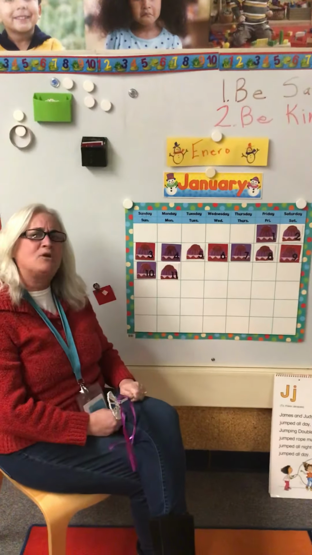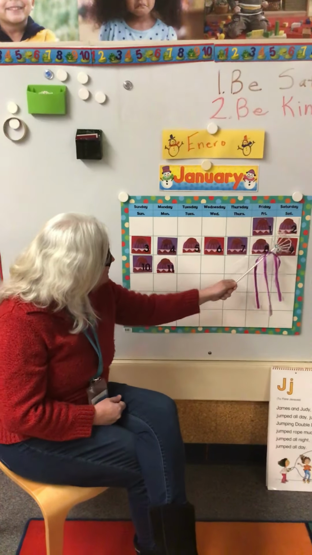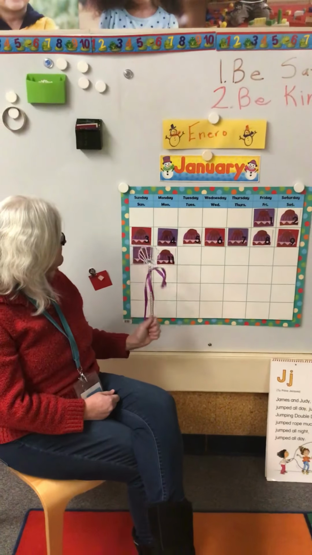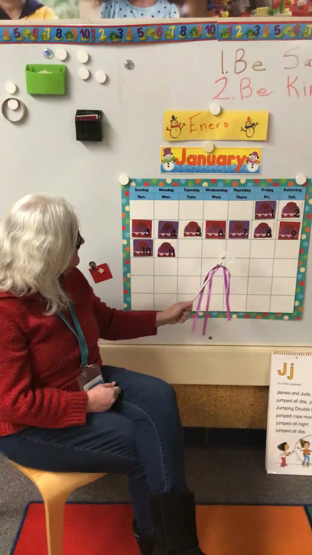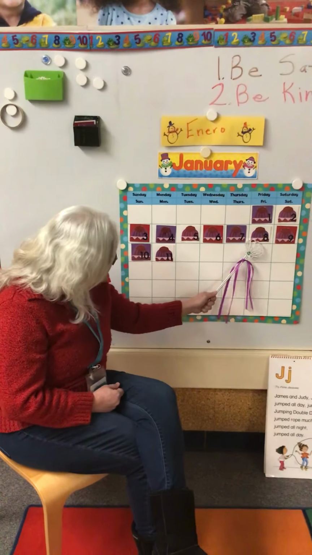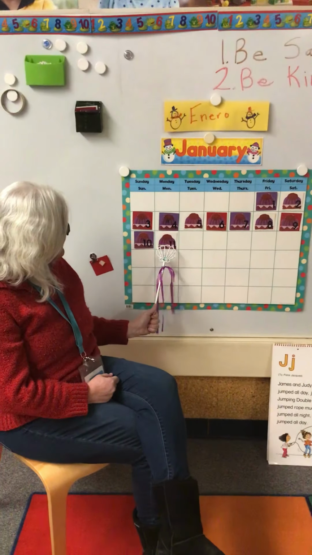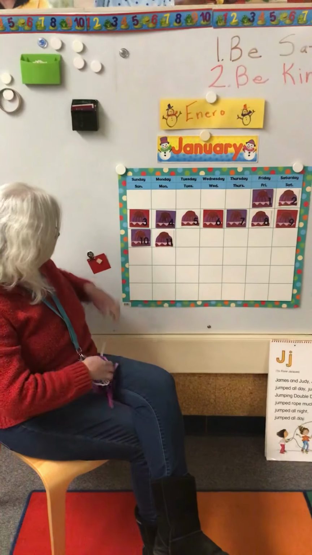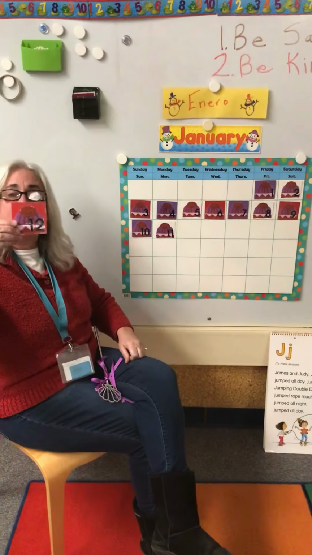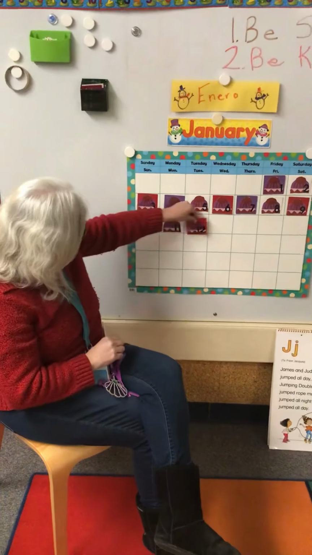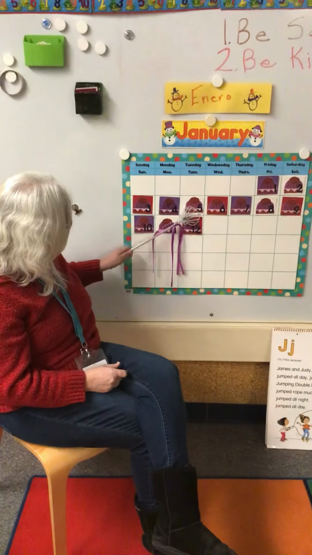I know I can count on you to join in with me. 1, 2, 3, 4, 5, 6, 7, 8, 9, 10, 11. What in the world comes after 11? 12. Let's put our number 12 right on here. And we'll bring our pointer right back to go up.